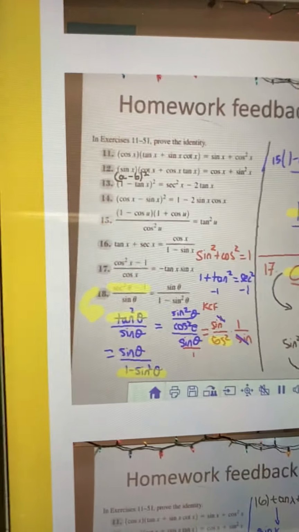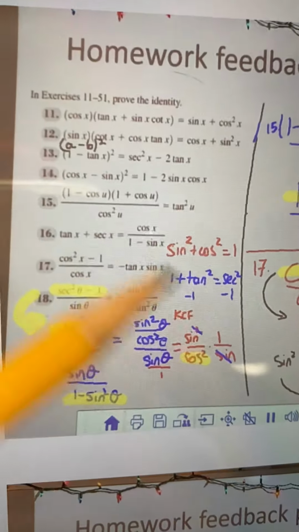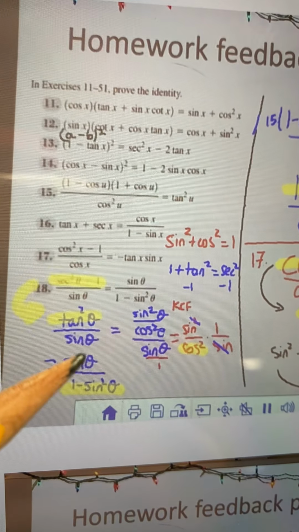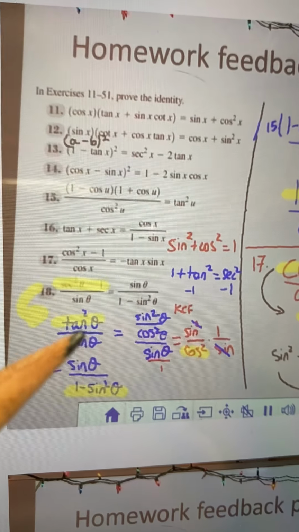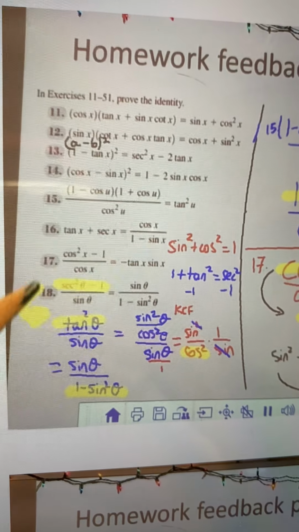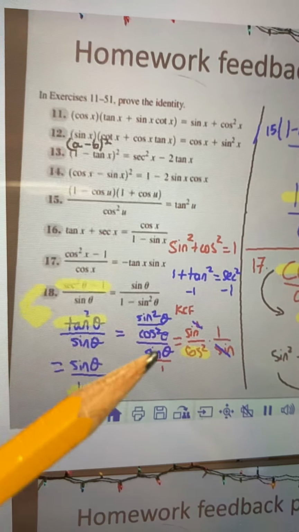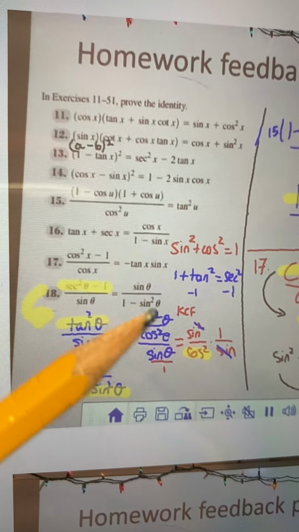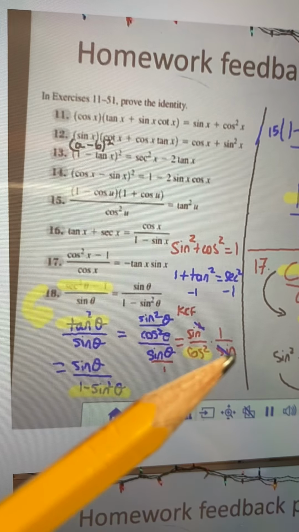Number 18, secant squared minus 1 is tan squared over sine squared. And tan is sine over cosine. Since it's squared, they're both squared, over sine. Keep, change, flip. So I put this over 1. I kept the first, multiply, flip the second.